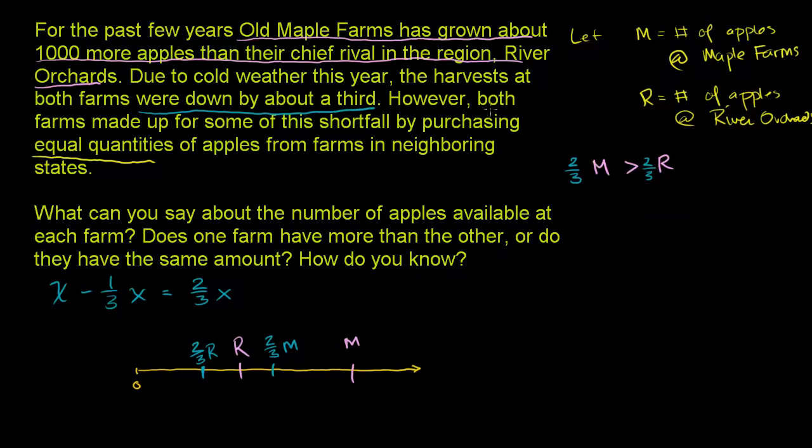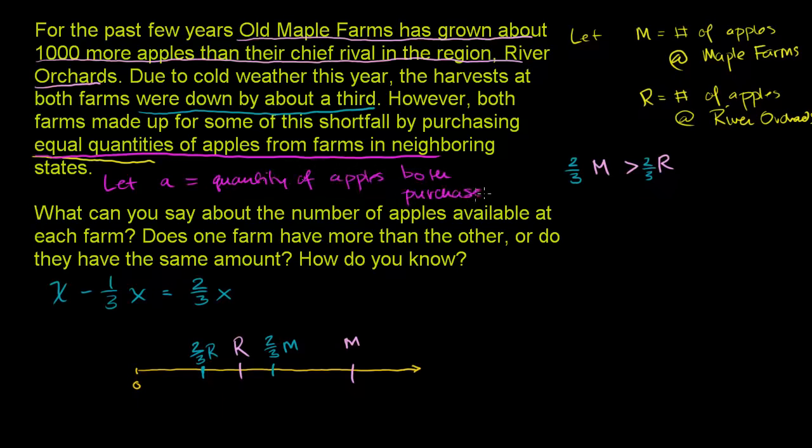Now, they say both farms made up for some of the shortfall by purchasing equal quantities of apples from farms in neighboring states. So let A be equal to the quantity of apples both purchased.